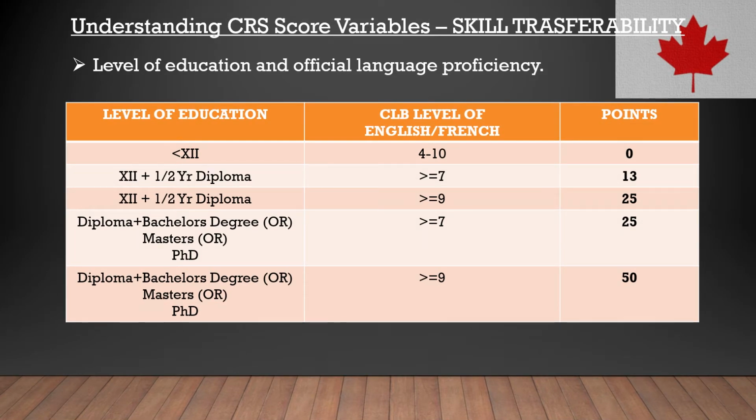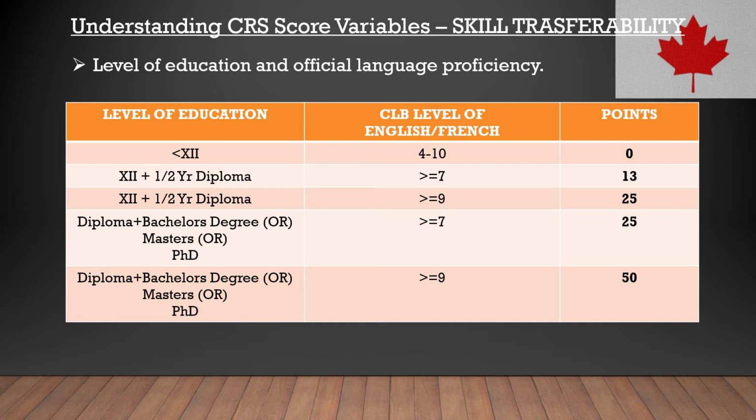If your English language performance increases, not only under the core human capital factors, point 1 which we have looked at, but under this skill transferability matrix also, your points contributed will increase. So with the same bachelor's degree or a master's and diploma, if your English performance is average, about 7, 25 again, but if it is 9, straight away you get 50 points. Please bear this in mind.